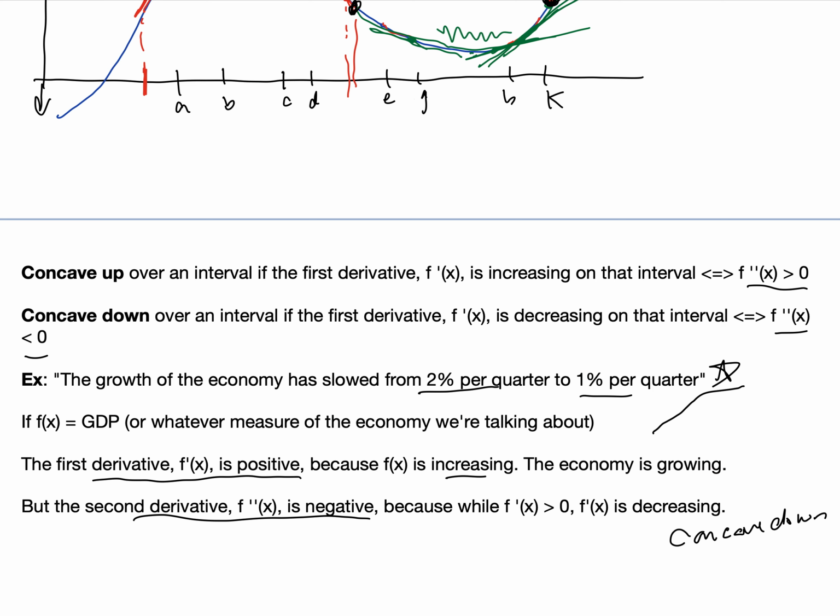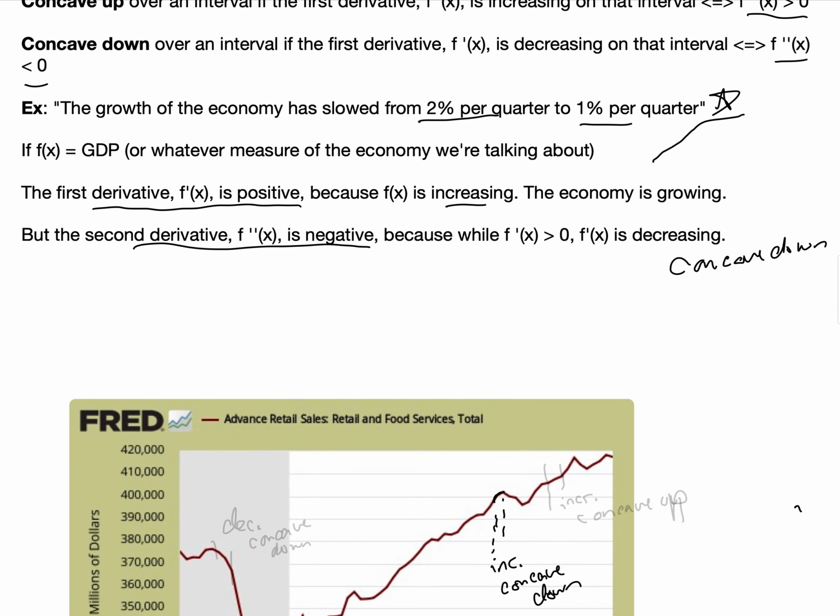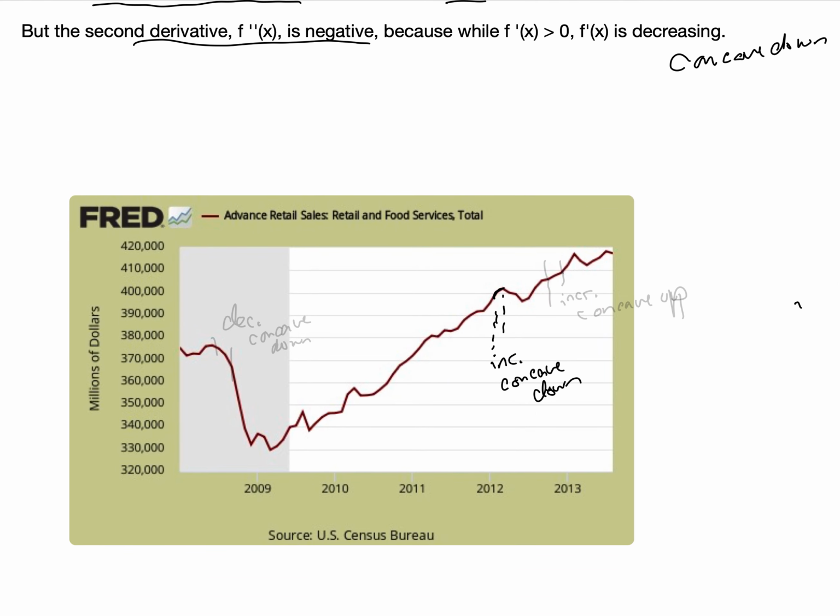So as we move to the right in x, we're going up in y, but it's shaped like a regular umbrella. It's concave down. Versus, say, in this interval right here, we're increasing and concave up. And in some other intervals, say here, we are decreasing and concave down.